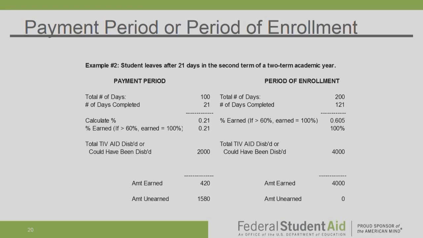However, when you look at the number of days completed under the period of enrollment, you would add in that other payment period, thereby showing that they've completed 121 days in the 200-day period of enrollment, showing that they've earned 60.5% of their aid. And as we said before, if you've earned over 60%, you've earned 100% of your aid. They had the total Title IV aid that was disbursed or could have been disbursed of $4,000, and they have earned all of that.